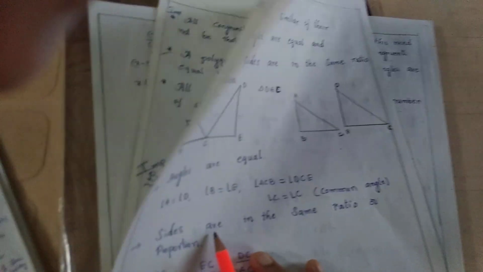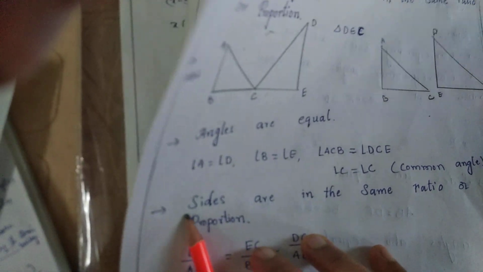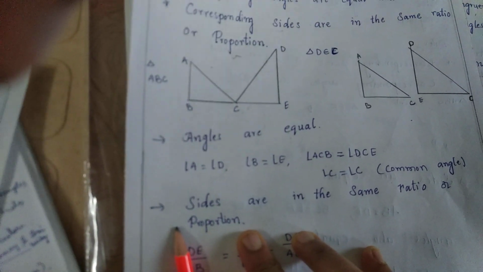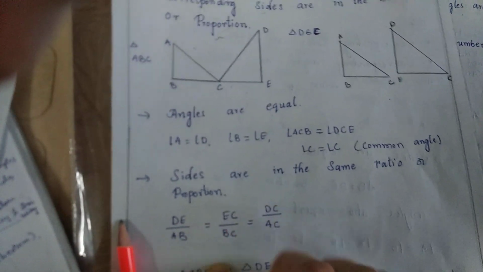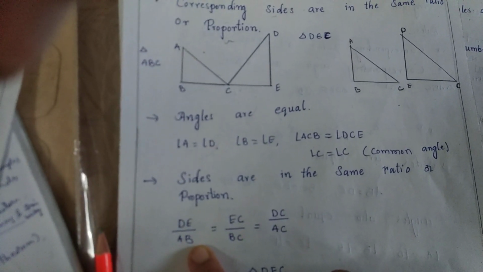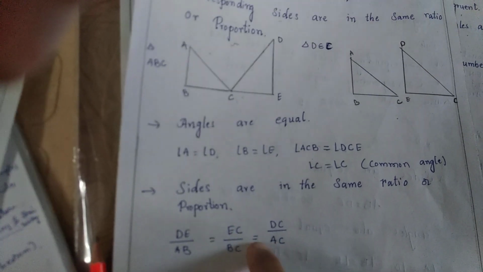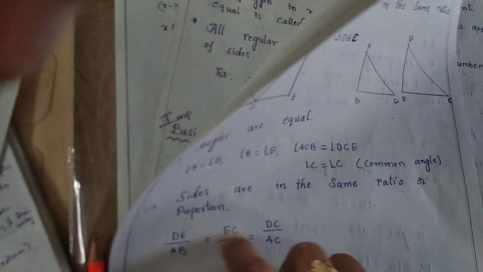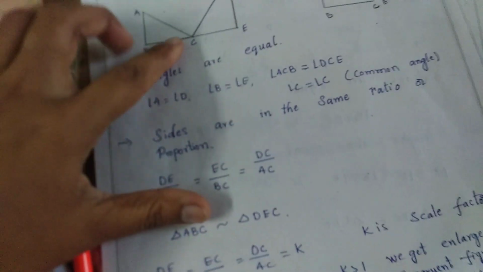Next, the sides are in the same ratio or proportion. DE by AB equals EC by BC equals DC by AC.